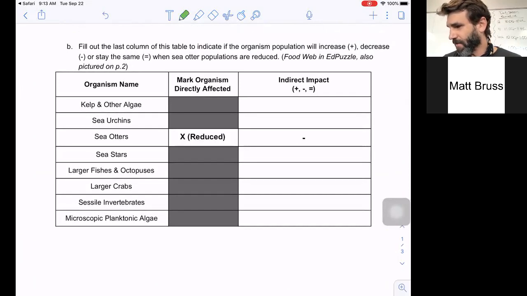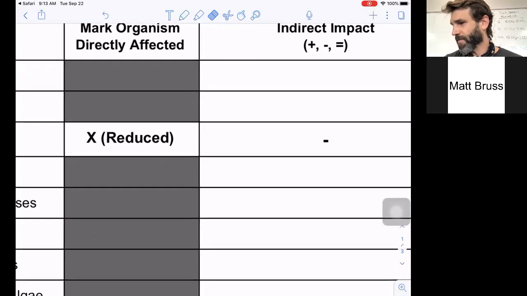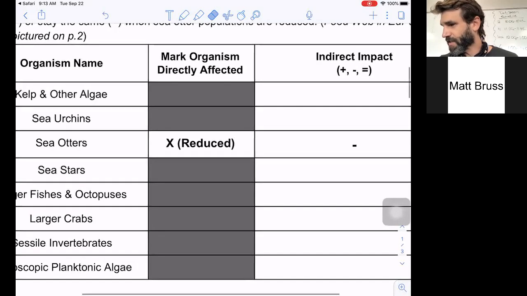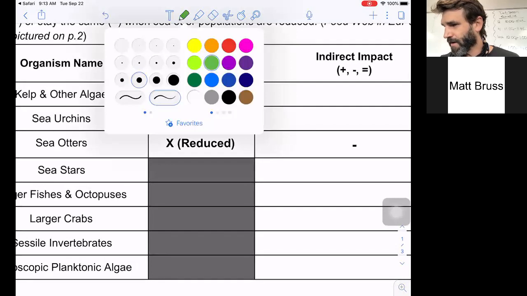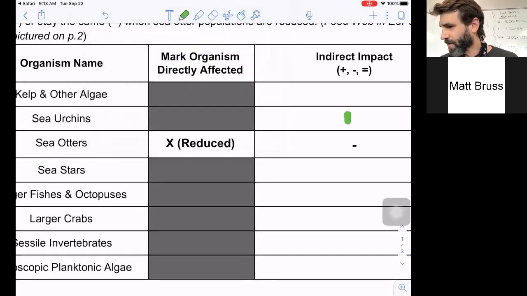So we said sea urchins, actually looks a little ugly. Let's blow this up. So sea urchins, I'm gonna make the marker a little bit smaller. So sea urchins, we said, would go up, positive. Large fish would go up, positive.